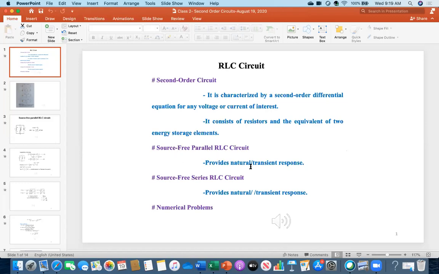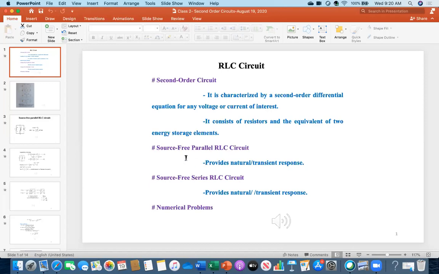So everybody keep in mind, when it is a source-free circuit, the assumption is that initially there was a source with the RLC circuit. Suddenly the source is disconnected. At that time, because there are L and C components, they will store energy. You all know the property of inductor and capacitor: if powered by DC, they can store energy.